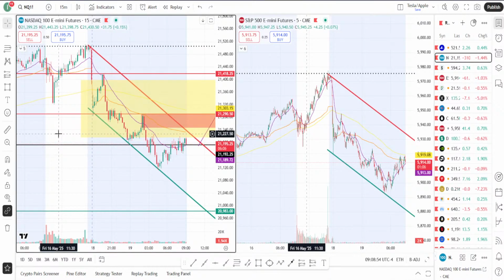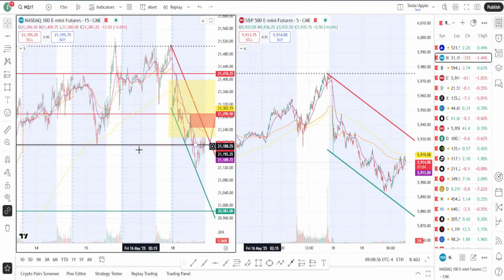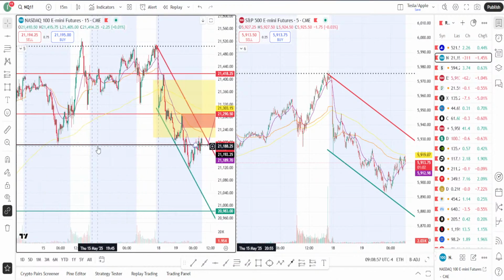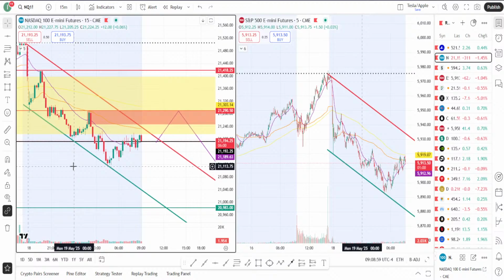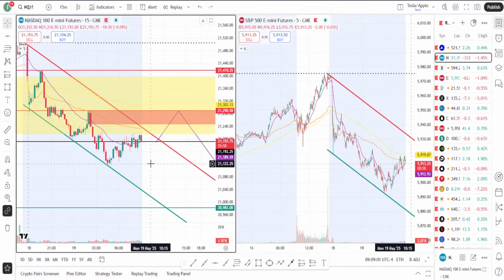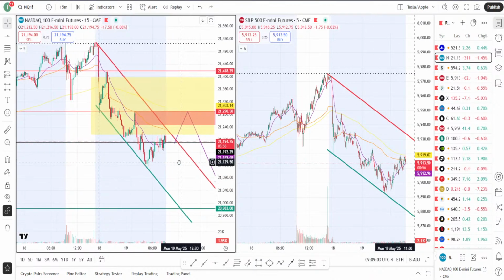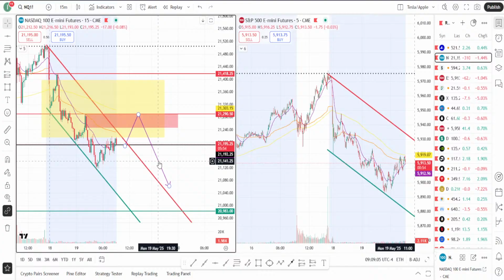Get rid of that demand zone since we already closed below it and we broke past it, so we don't need that demand zone there. And let's see what the market wants to open.